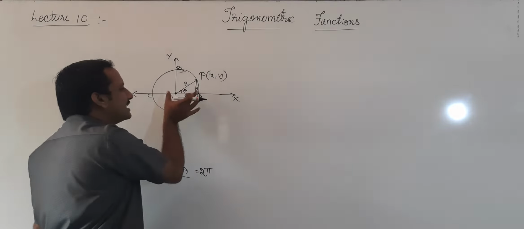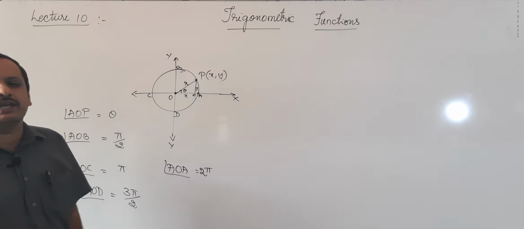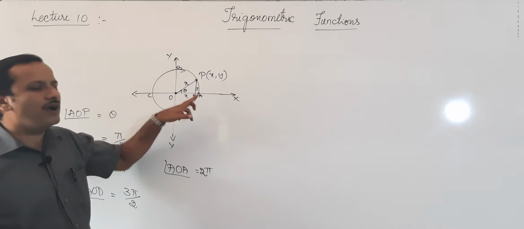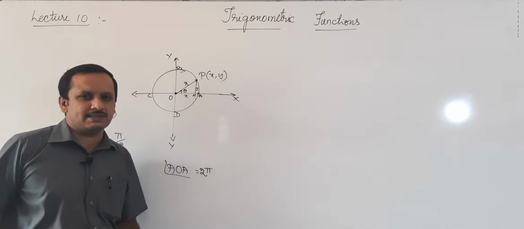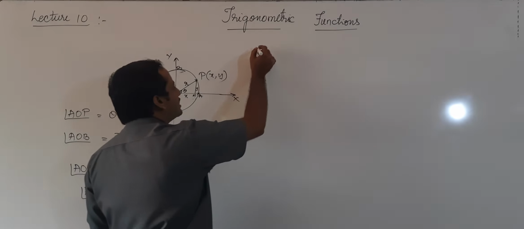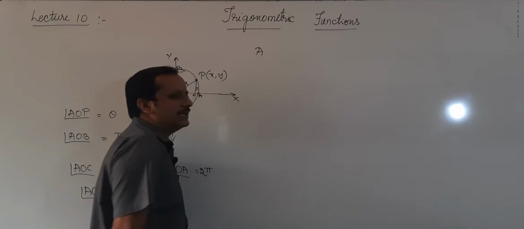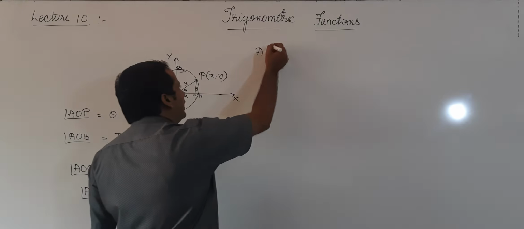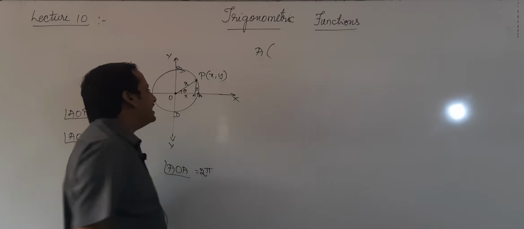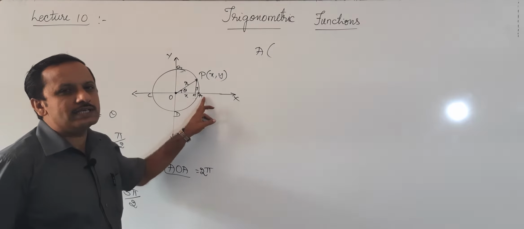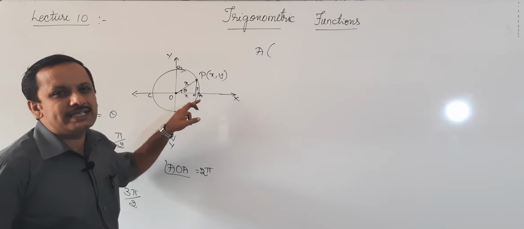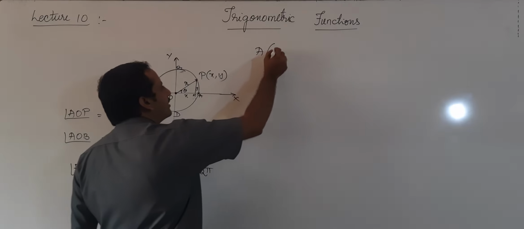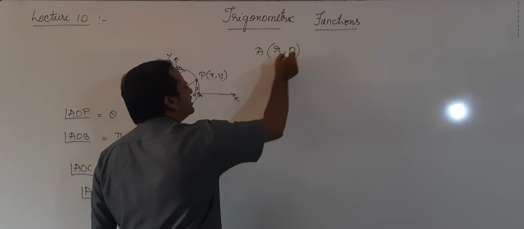Now, this is a circle with the center at origin and radius r. This point A is a point on the x-axis. So, what are the coordinates of A? I want the x coordinate and the y coordinate. Here, this point A is at a distance of r units from the origin. So, its x coordinate is r and y coordinate is 0.